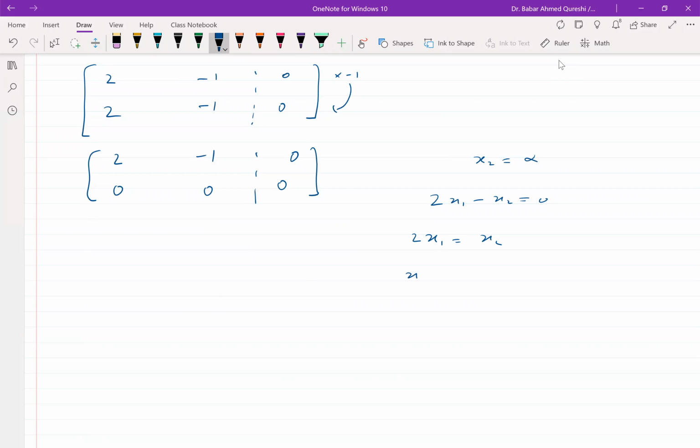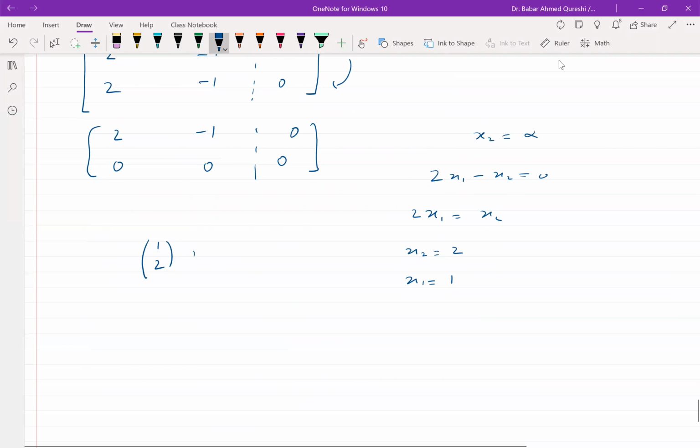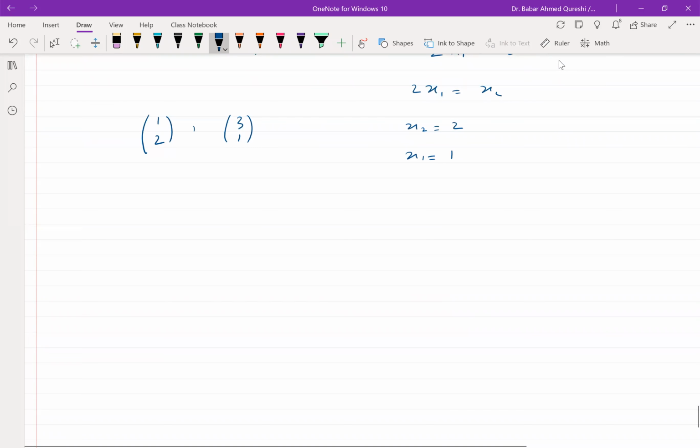If I choose x2 to be 2, then x1 would be 1. So I can take this vector 1, 2. So one is 1, 2, and the other was 3, 1. These are the two eigenvectors.